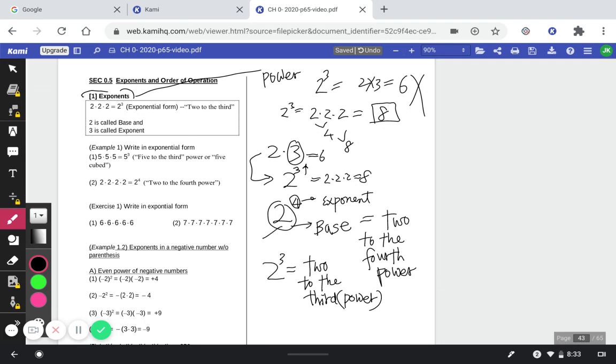Notice that the 2 is the base and the small number on the top we call the exponent.